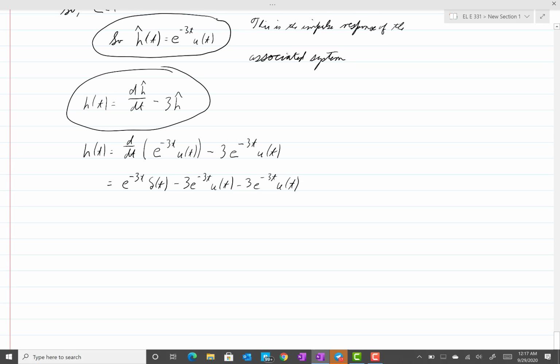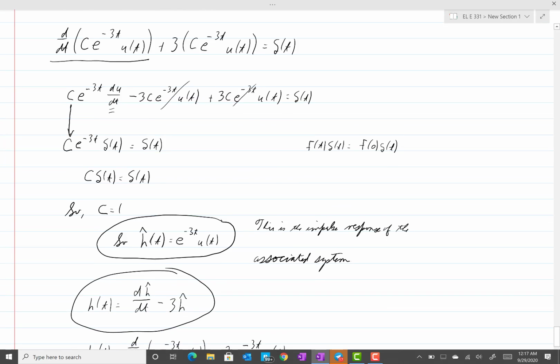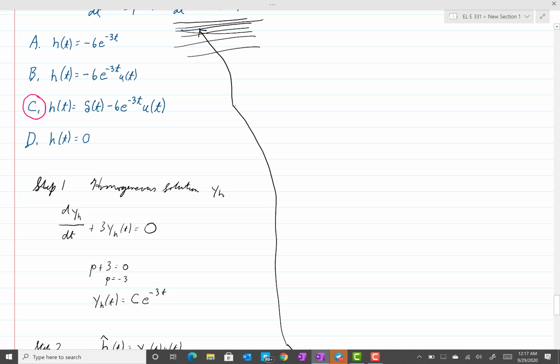And so we finally get, simplifying as we did above, just delta of t minus 6e to the minus 3t u of t. That is the impulse response of the original system. And you can see that's answer C.